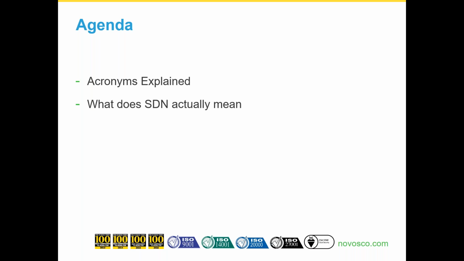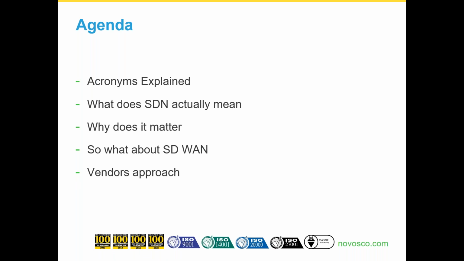As with everything, this industry starts off by using something in one area and realizes that it is used in other areas. So some of you will have seen recently, why does software-defined networking matter? And what is this new thing that everybody seems to be talking about, which is software-defined wide area networking, or SD-WAN?